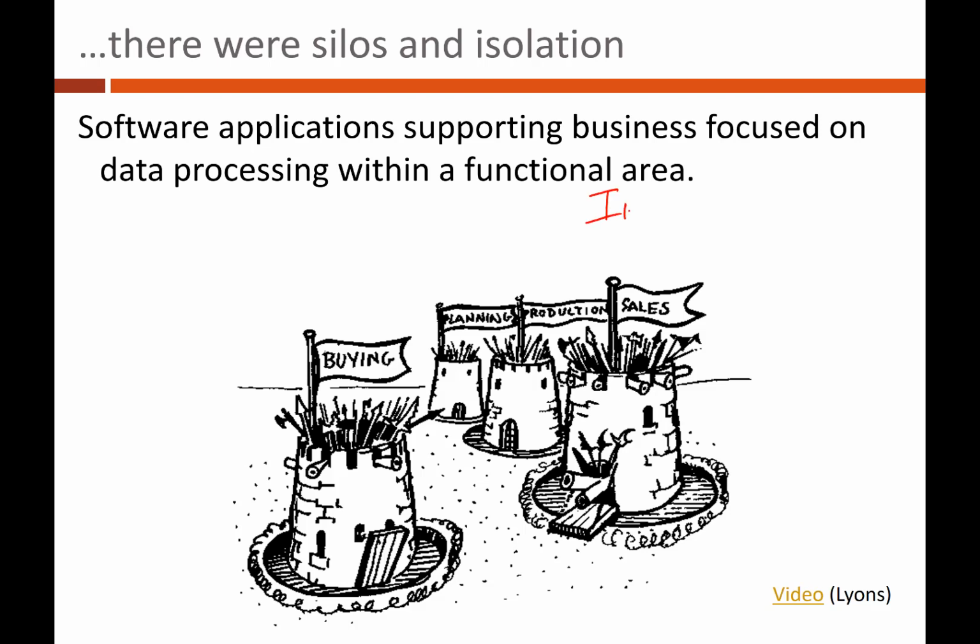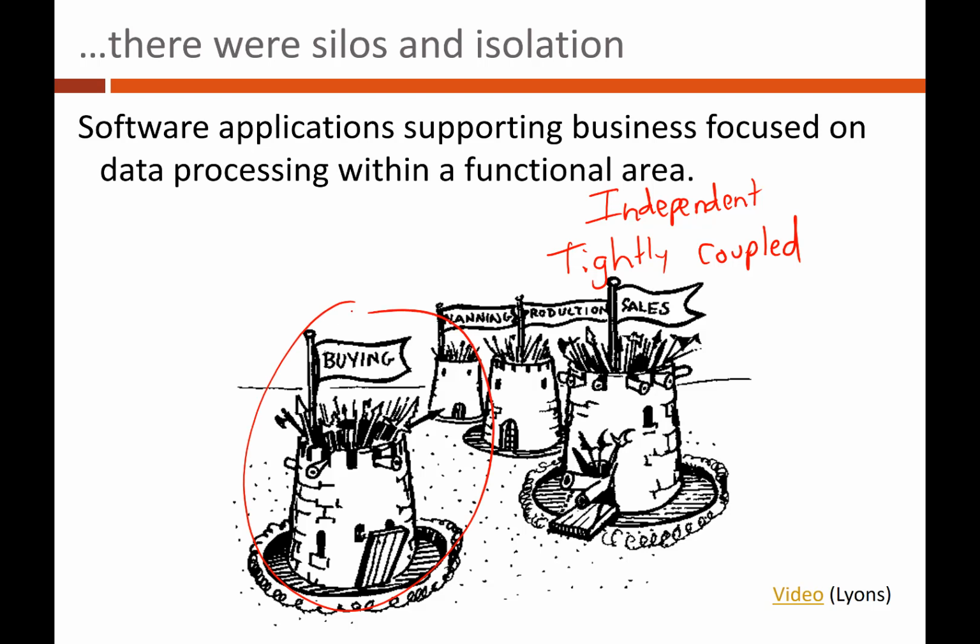These computer systems, when they were brought in, were all independent of one another. Part of the reason for that was that networked computer technology was not readily available like it is today. Computers were still in their infancy, so the idea of hooking a bunch of them together for the sake of sharing information was not a common business practice. The systems were independent, and beyond that, they were very tightly coupled to the needs of an individual functional area.